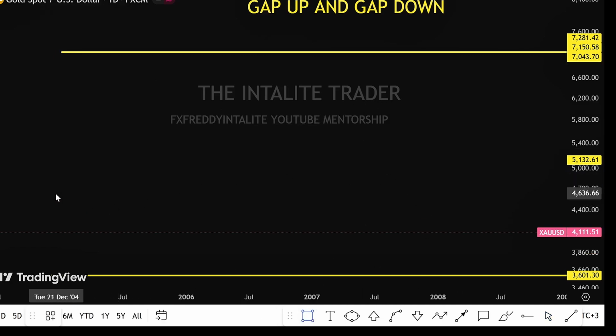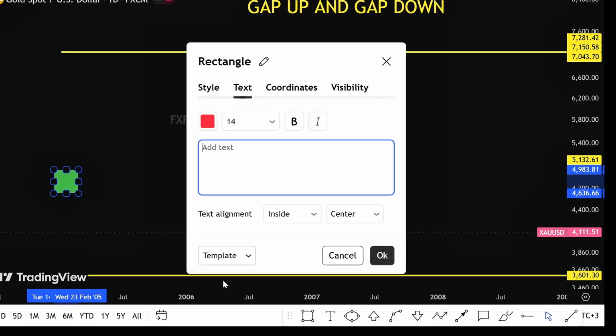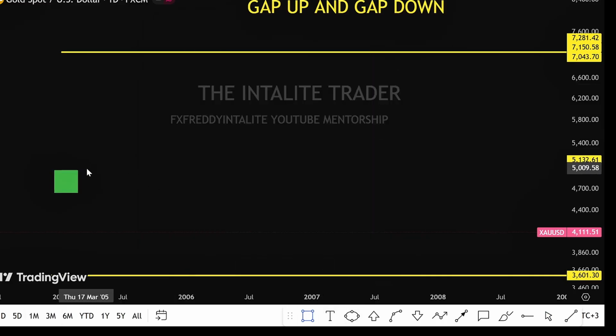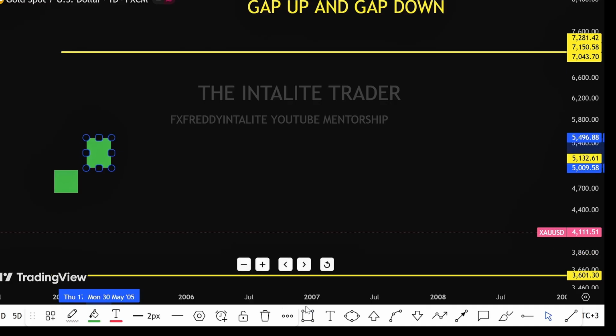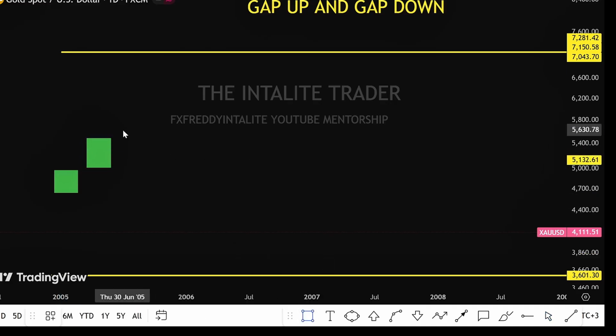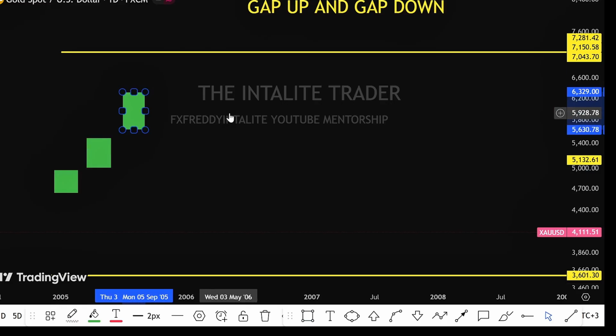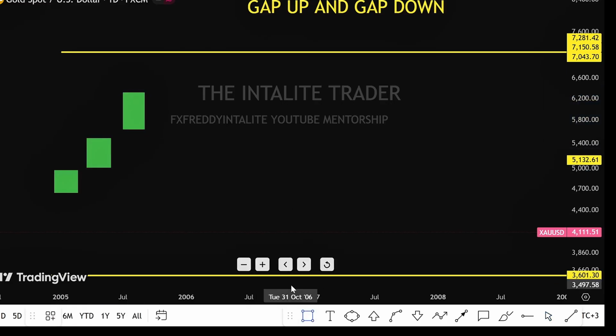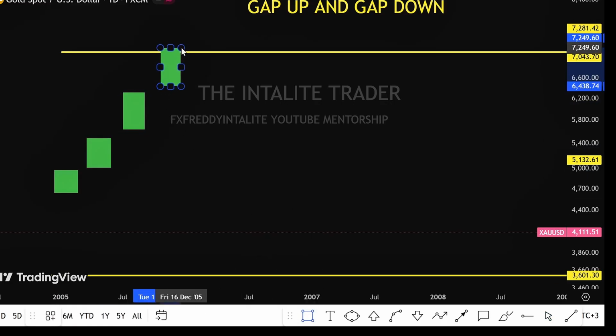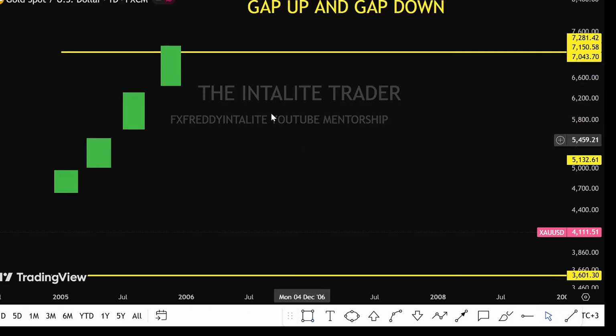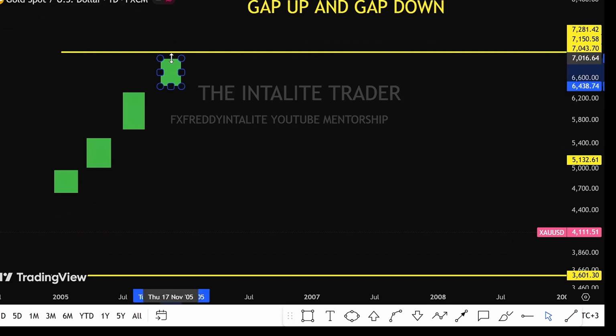So let's say you have price that has been moving bullish. This market has been going up and it is approaching a key level. When price reaches here, it does this.